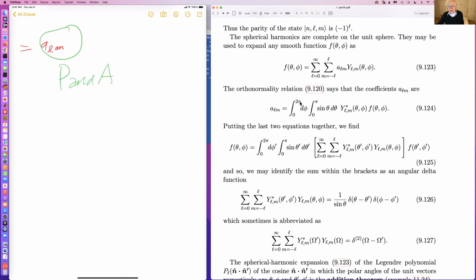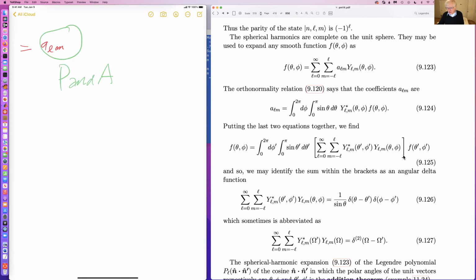The orthonormality of the YLMs guarantees that if we make an expansion of an arbitrary function like this, the ALMs are going to be given by Y star F integrated, because the Y star just picks out, it gives you delta LL prime, delta MM prime, and picks out the ALM coefficient.